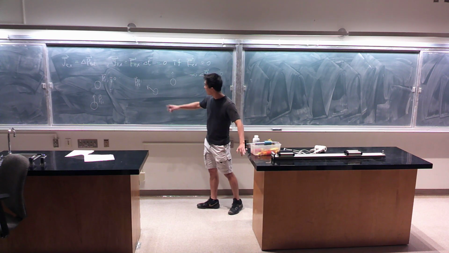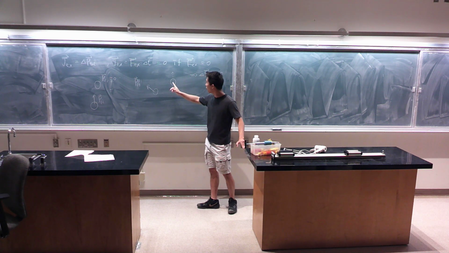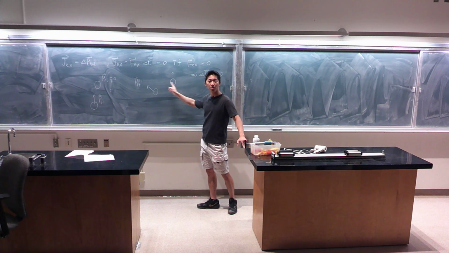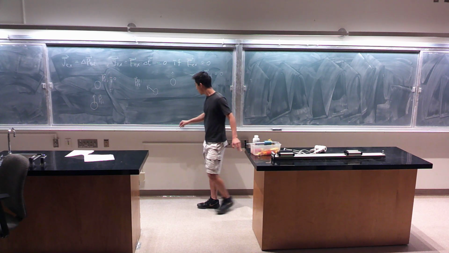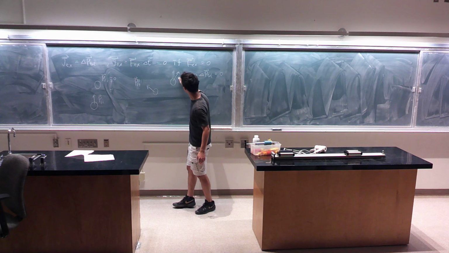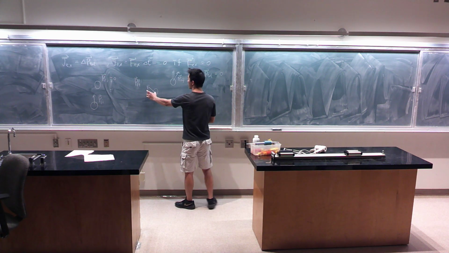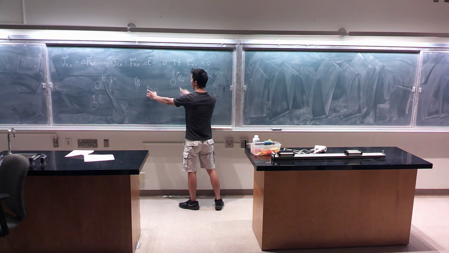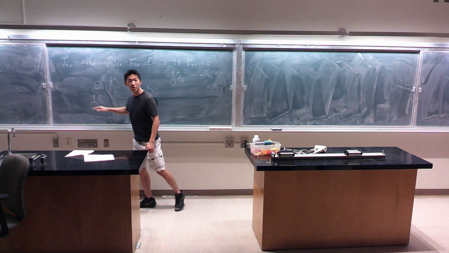Now, if the first ball goes to that direction, which direction of the horizontal component should be on the second ball? To this way, right? Because the horizontal component of momentum is conserved, the final momentum of the ball must have horizontal component in opposite direction, and it will be equal and opposite such that they sum up to 0.